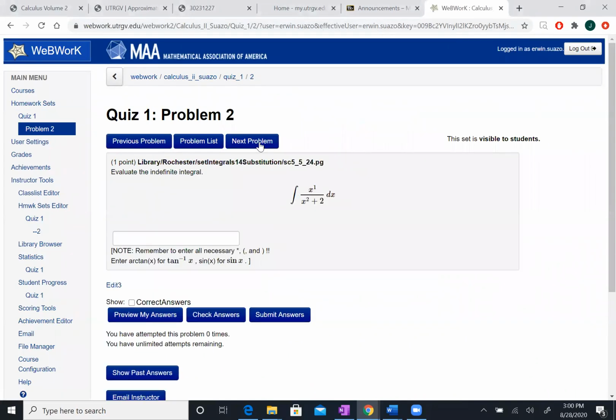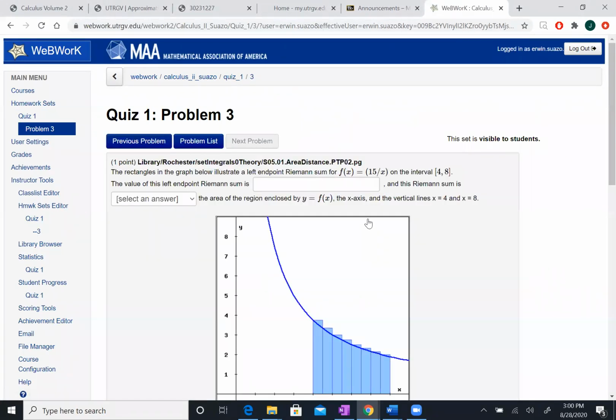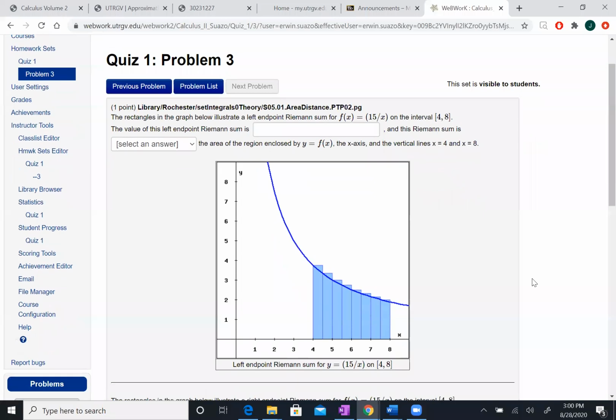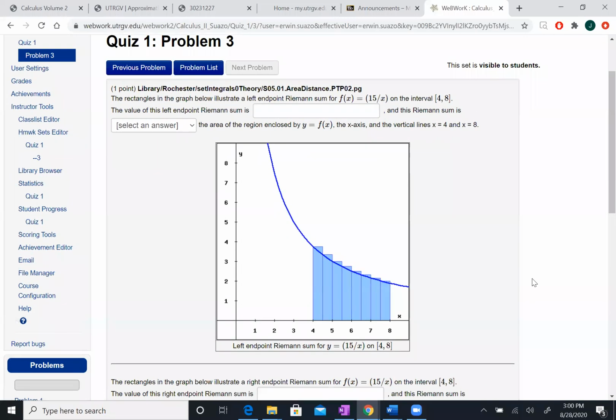So this is problem 2, problem 3. Somebody's telling me something, but I don't see the chat anymore. Anyway, so I don't think this has any problem.